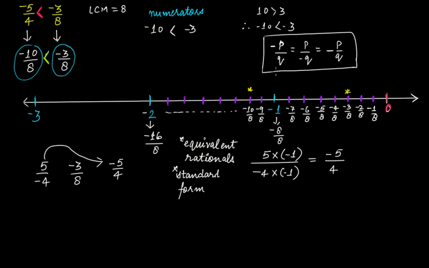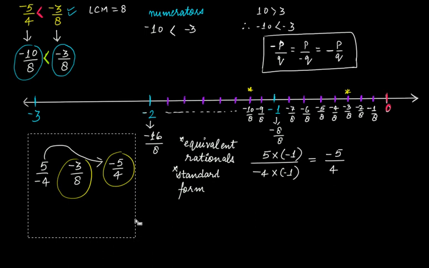So you can see here minus P over Q is actually P over minus Q. We have just proved it here. Now, as we said, 5 over minus 4 is nothing else but minus 5 over 4 and minus 3 over 8 only. So it's the same thing we have discussed here. No difference at all.